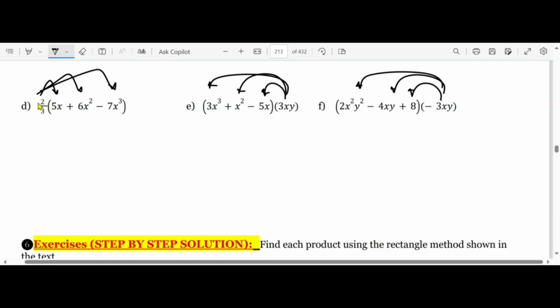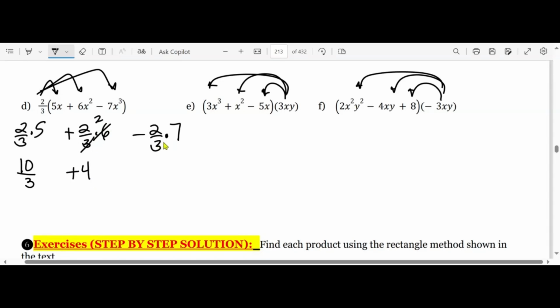Okay, so 2 over 3 times 5, and then 2 over 3 times what? 6. 2 over 3 times what? 7. Why didn't we put the power? Yeah, we'll put it later. So 2 times 5, how much? 10 over 3. Can I cancel this with this? Yeah. What do you get? 4.